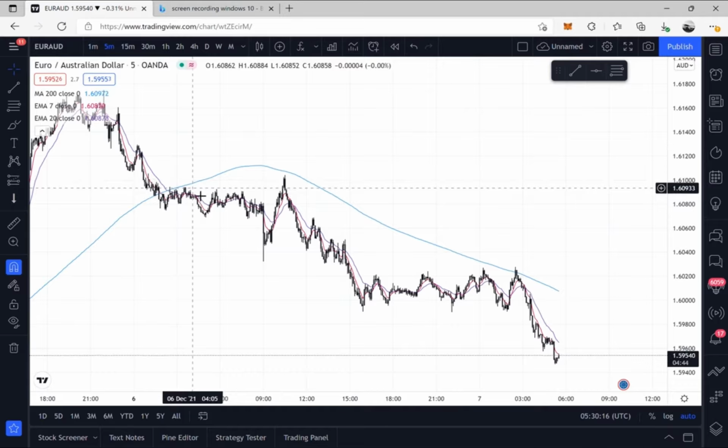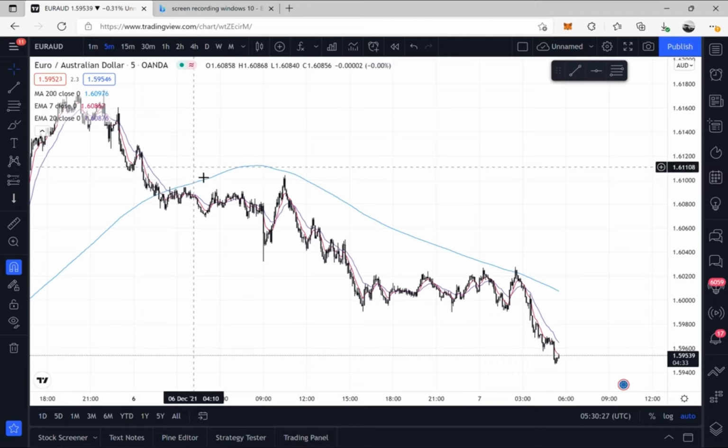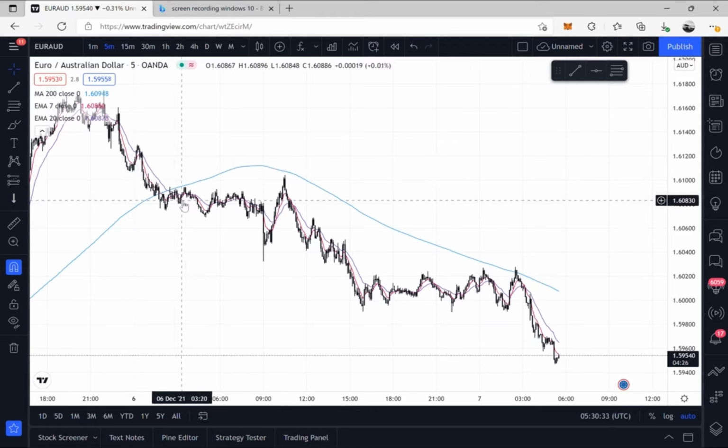And the second step that I do is, once I see these have crossed, I would enter a sell and have my stop loss at the previous low of the market. See, it dipped here. This is a new low.